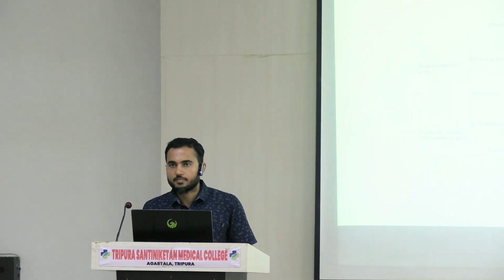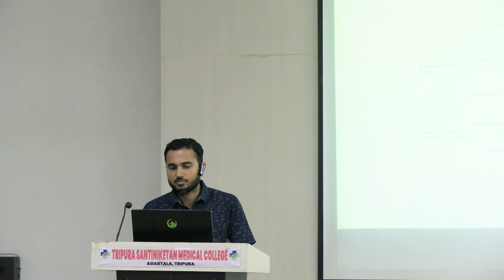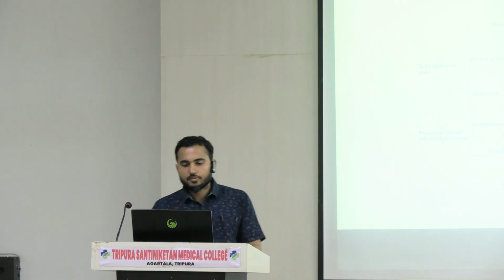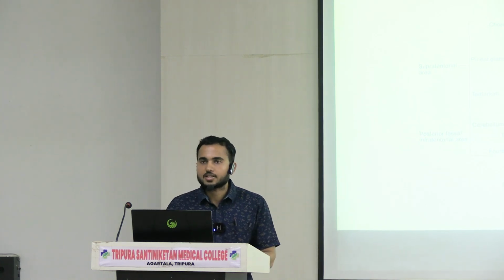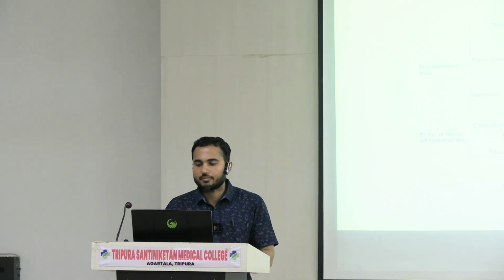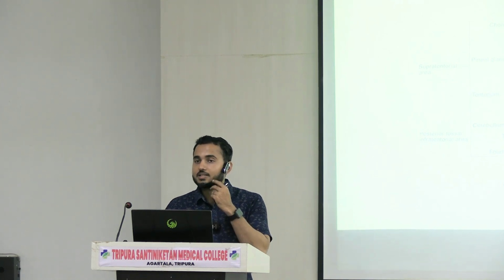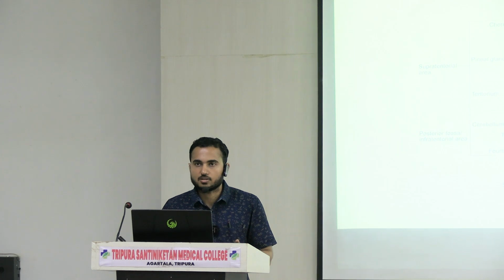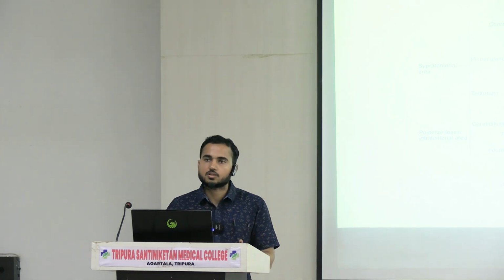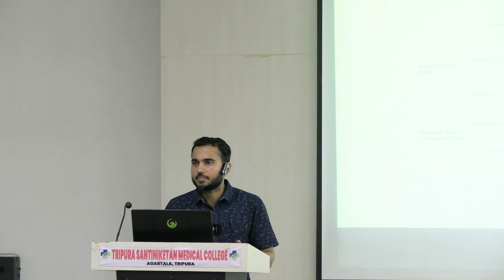Those tracts are also present in the brainstem, and along with that there is a diffuse set of fibers and nerves called the reticular formation. A diffuse system of nerve cells and nerve fibers is called the reticular formation. It is very important because it maintains the consciousness of a person. So that is also present inside the brainstem.